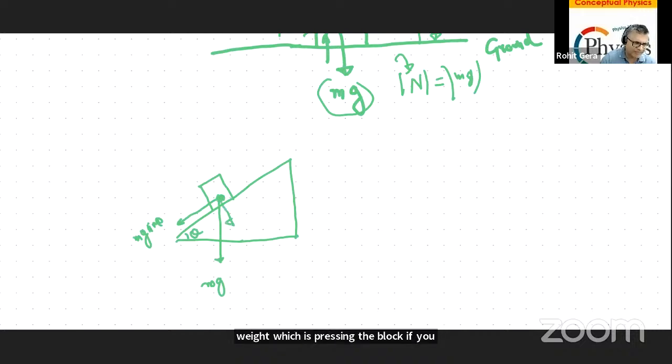If you press the block like this with mg cos theta, then the inclined plane presses you back with the normal reaction. So your normal reaction is mg cos theta.